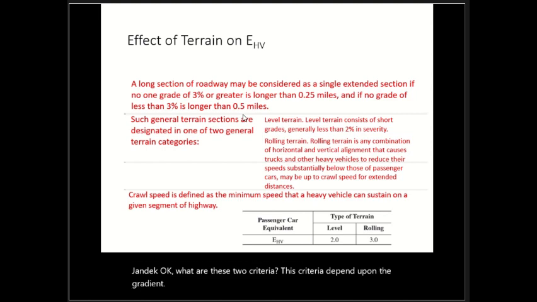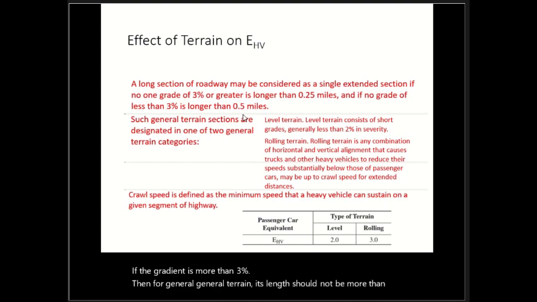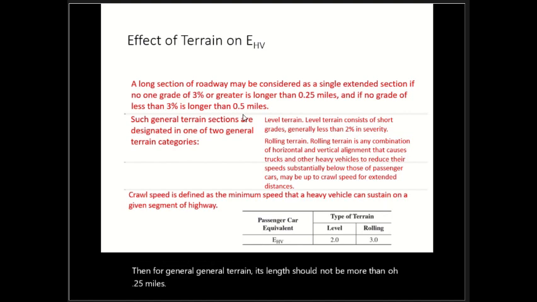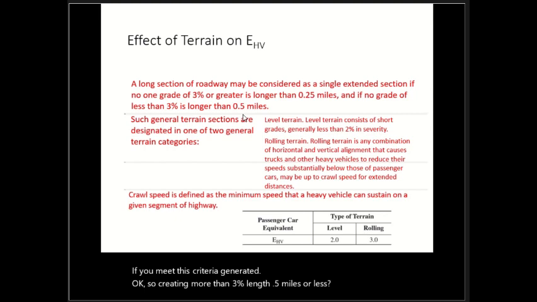If the gradient is more than 3%, then for general terrain, its length should not be more than 0.25 miles. Gradient more than 3%, length up to 0.25 miles maximum. If you meet this criteria, general terrain.